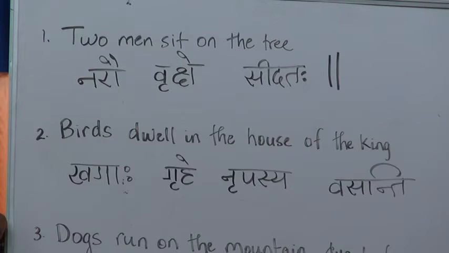One sentence, but two meanings. Because if the birds are doing the dwelling, the birds will have to be in nominative case. So that is what is here. No, so that's what I'm saying. The meaning will be different, but the sentence remains the same, in the two meanings.